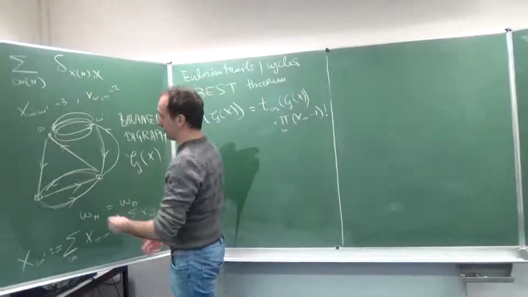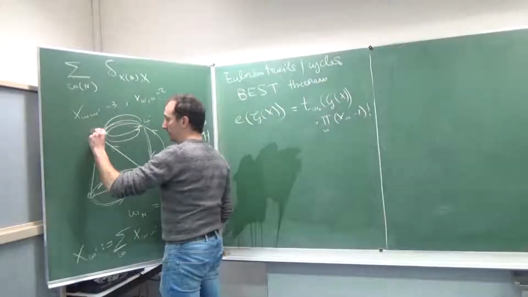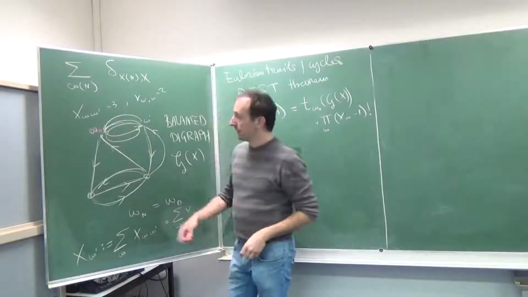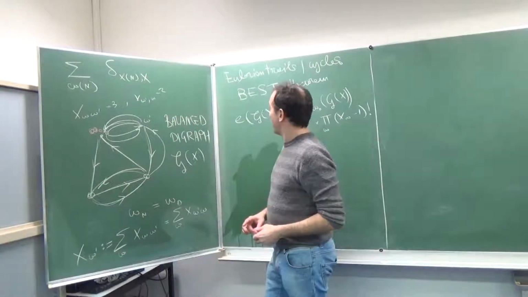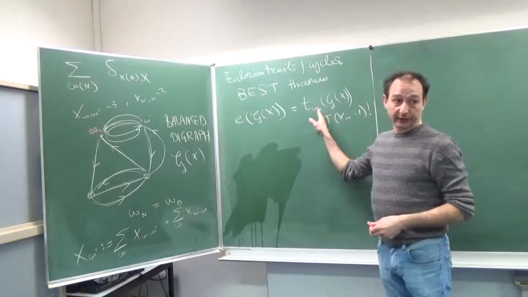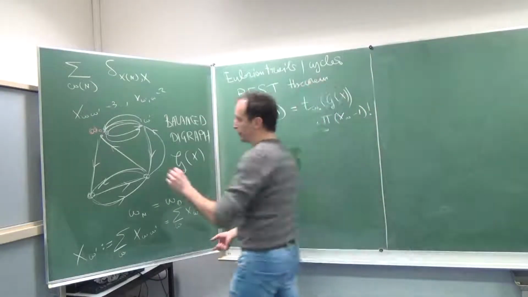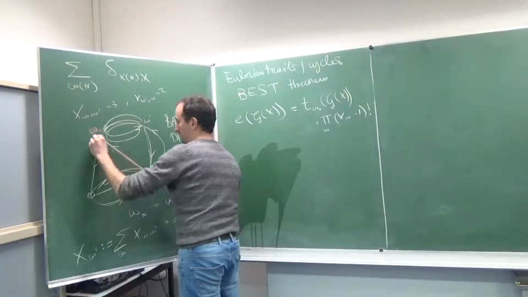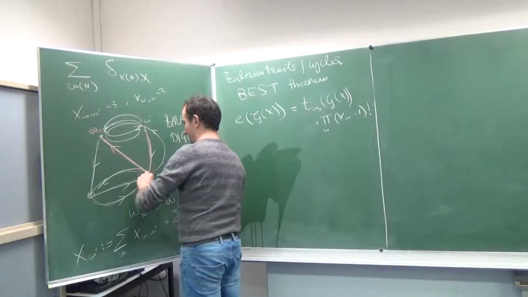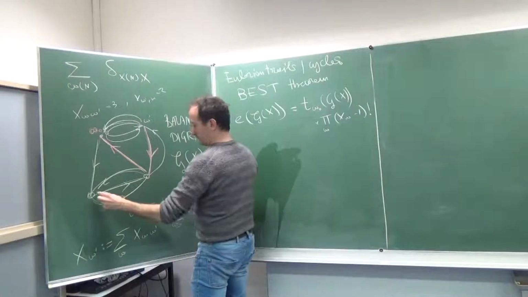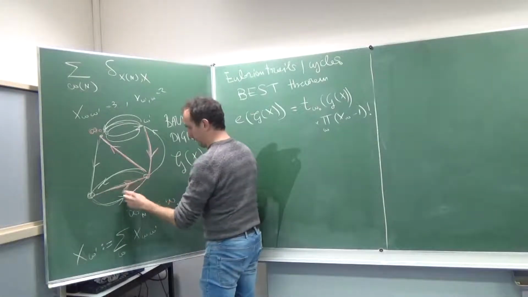Let's take as root this one, omega 0 is our root. So we fix one spanning tree with root in omega 0. Let's choose this one. This is a spanning tree.